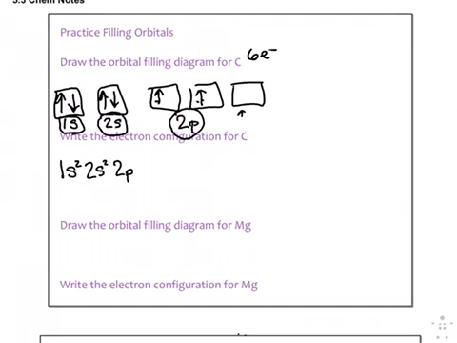And how many electrons do we have in that level? 2. So there's your electron configuration for carbon. So I could give you this electron configuration and say, tell me what element it is. And all you'd have to go is, all right, there's 2, 4, 6 electrons. It must be carbon. Because the superscripts represent electrons.